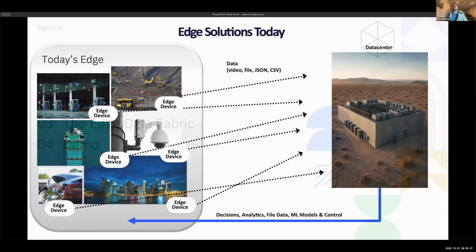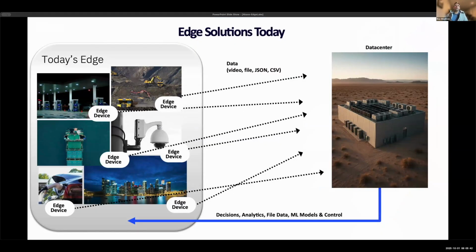So today's edge is composed of an edge environment where you can have ships and vehicles and smart cities. And all of these components are connected to edge devices, but that's where the edge ends. Today's edge is just where the edge is, and everything moves to a data center that is often very far from the edge environment.